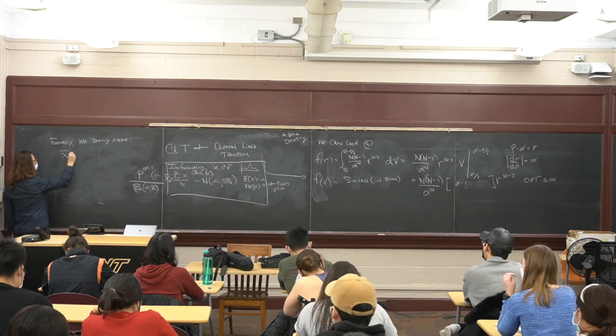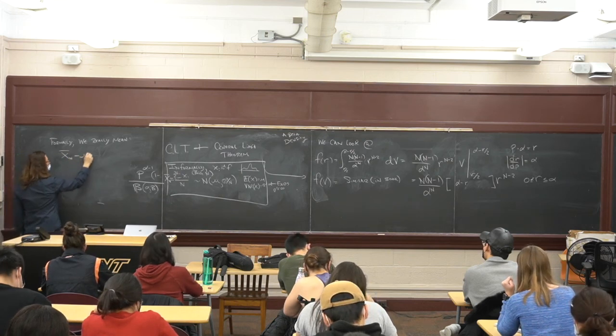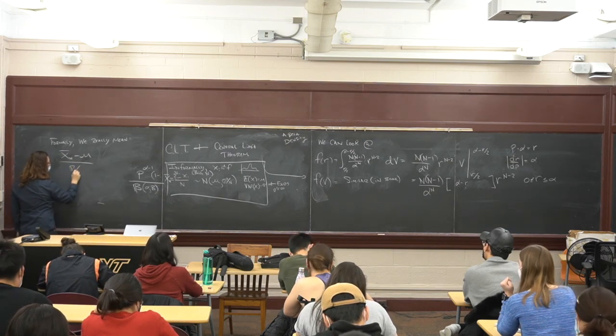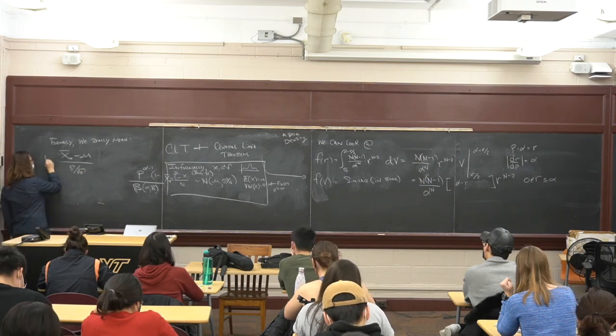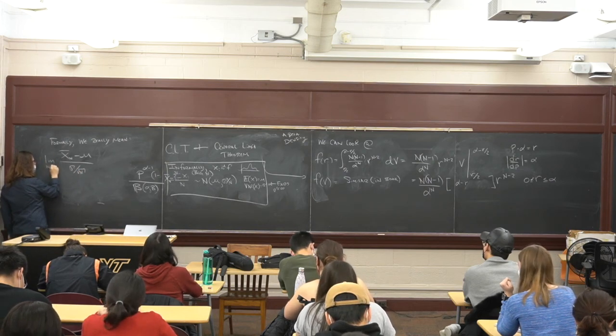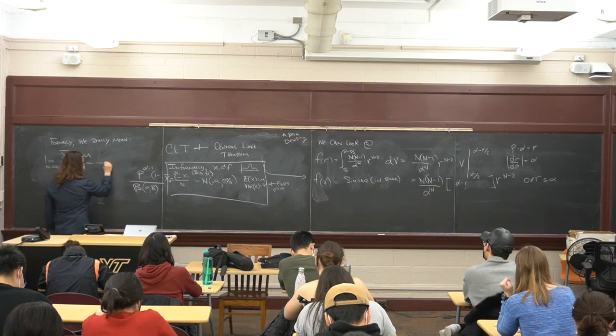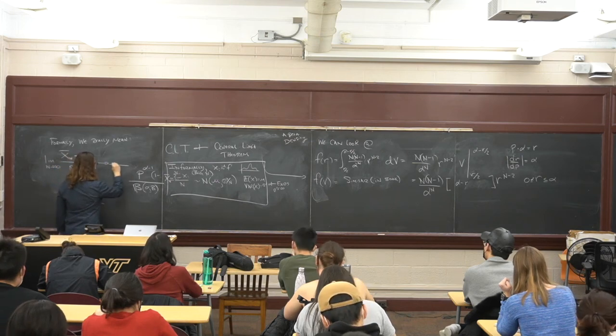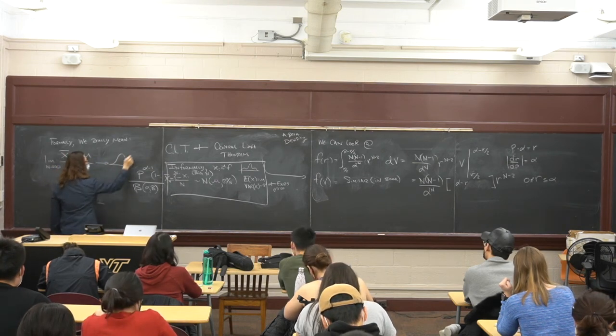is x bar n, a function of n, divided by sigma over root n. So as the limit n goes to infinity, this thing is going to converge to a normal 0, 1.